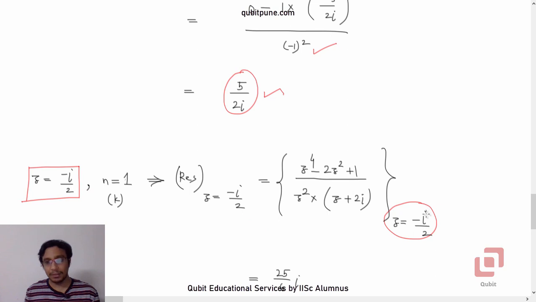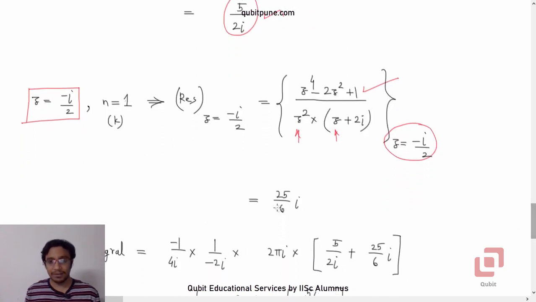If you put z equal to minus i by 2 in the numerator and in the denominator, of course, you will get the value as 25 upon 6i.